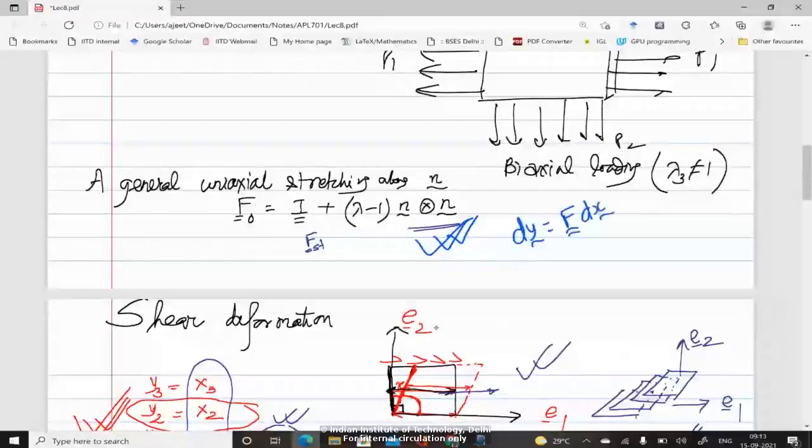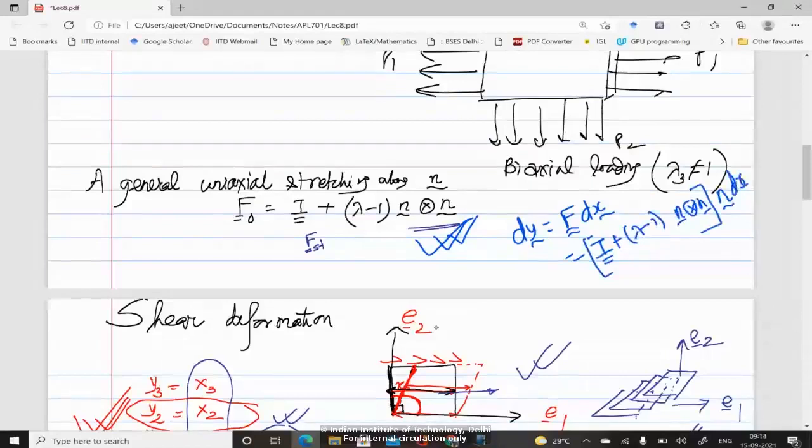If I take dx to be along n, then for this particular form of F, I have identity plus (lambda minus 1) n tensor product n, multiplied with n times the scalar dx, the magnitude of that line element.